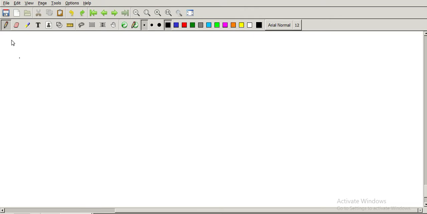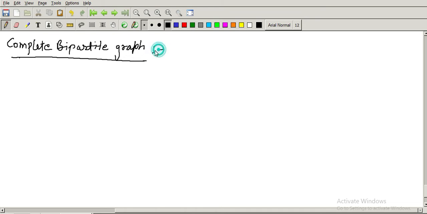So let me write a definition for the complete bipartite graph. The complete bipartite graph is denoted as Km,n. If you remember, the complete graph is represented by Kn, whereas the complete bipartite graph is represented by Km,n.